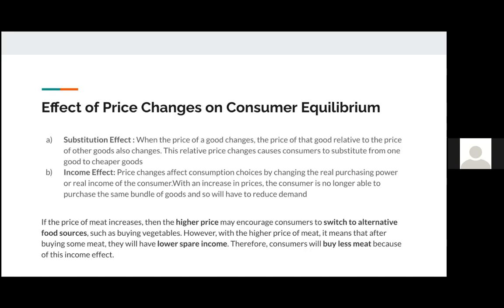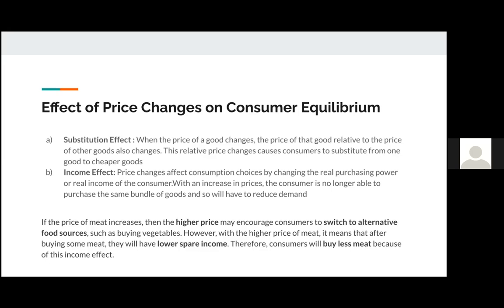So this relative price change causes consumers to substitute from one good to cheaper goods. A way to think about it is that if the price of meat increases, this higher price will encourage consumers to switch to alternative food sources, for example, buying vegetables. So you're substituting what it is that you're buying. Whereas the income effect is when price changes affect your choices because they're really affecting your purchasing power or the real income that you have.